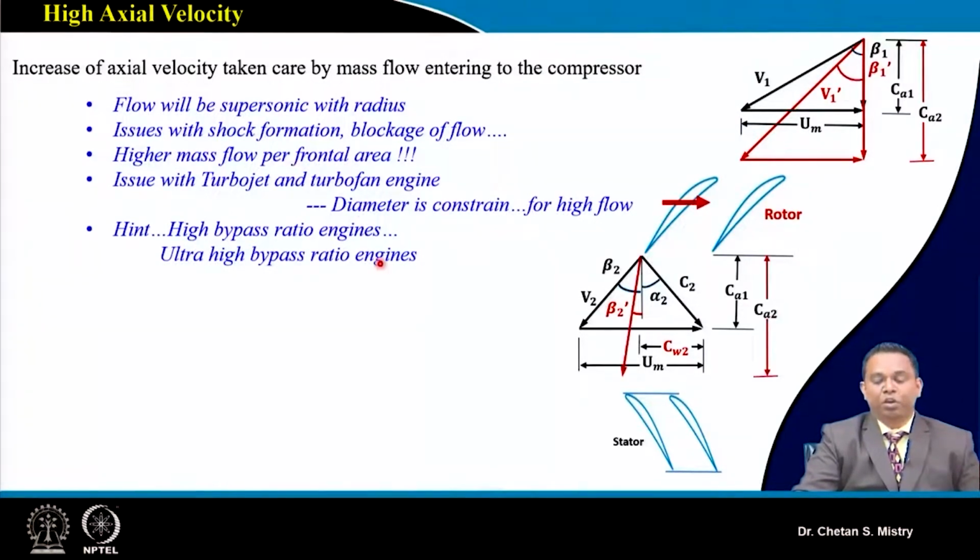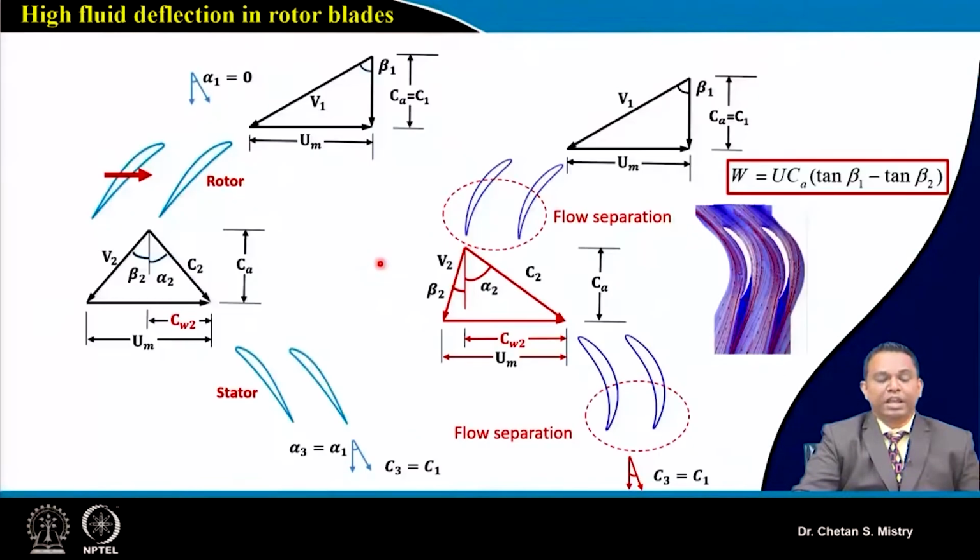Now, if we go with the next option, that is the change of my deflection angle. Here on the left hand side, this is representing a conventional stage. When we are looking for higher aerodynamic loading in order to achieve higher pressure ratio, in order to achieve higher diffusion, my inlet relative velocity and outlet relative velocity need to be managed.